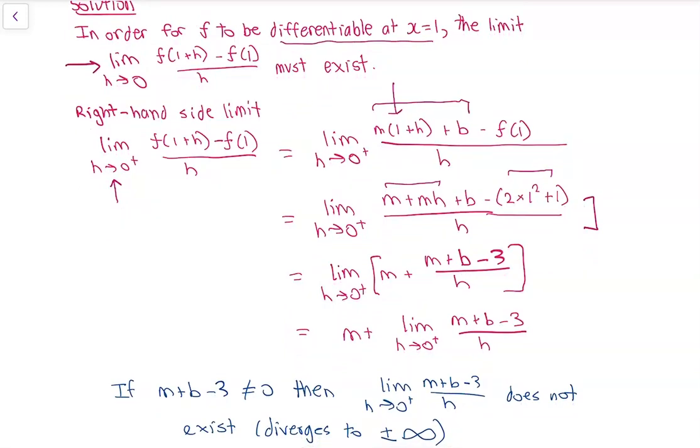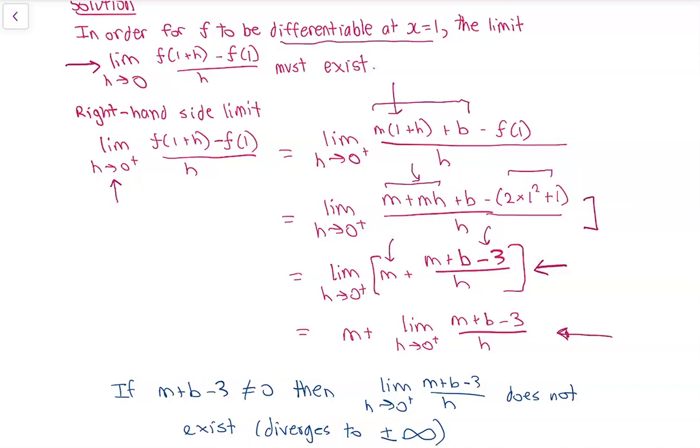Now we can further simplify it, because we have mh over here, and dividing by h will give us m over here. And we'll also have m plus b minus 3 divided by h. And since m is a constant, we can take it out, and we get this line over here.